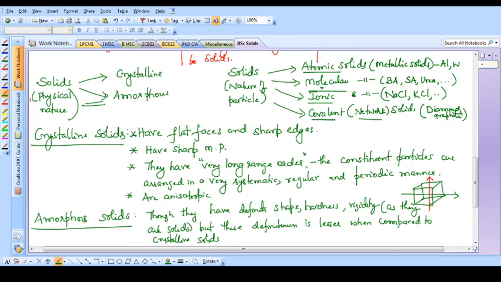In the next class we will discuss in detail some definitions related to crystalline solids. That would be highly technical in nature. After defining some entities, we will go into some very important concepts such as Miller indices, Miller planes, symmetries, laws of crystallography, etc. Thank you, students.